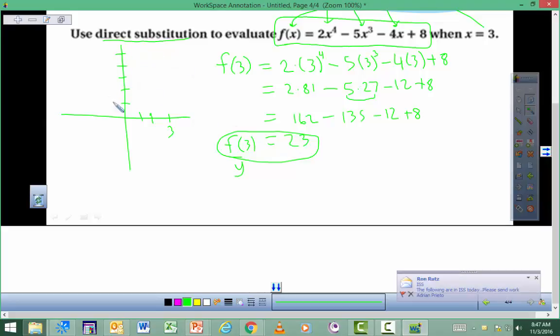So if we were going up by 4s, 4, 8, 12, 16, 20, and then the next one would be 24, we would have a coordinate right about there.